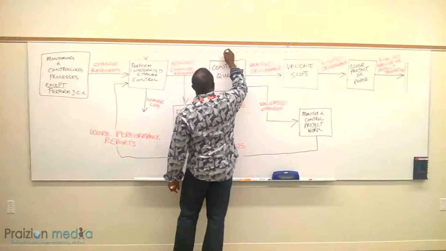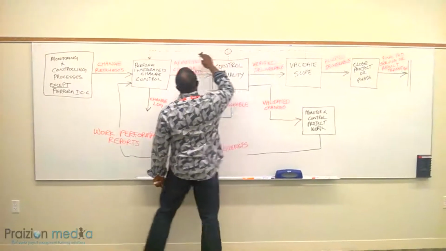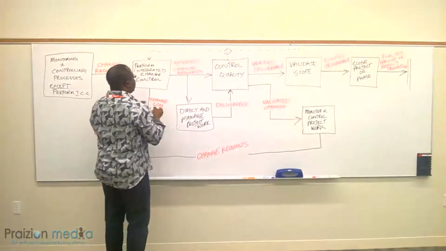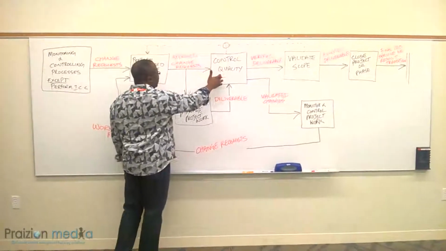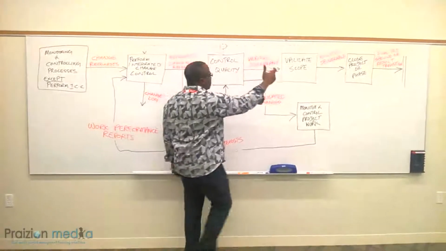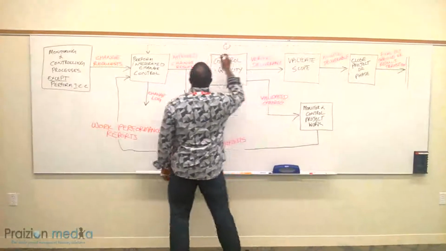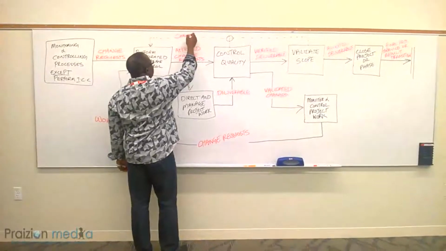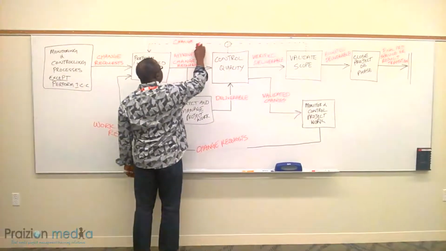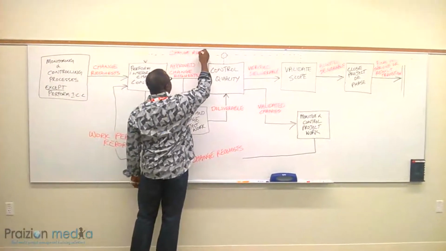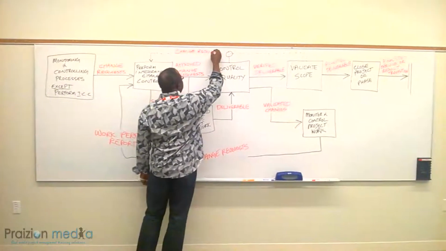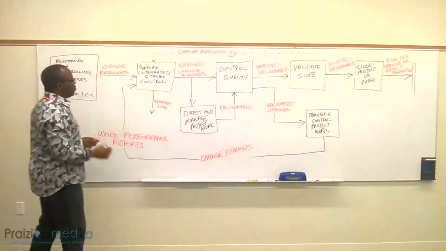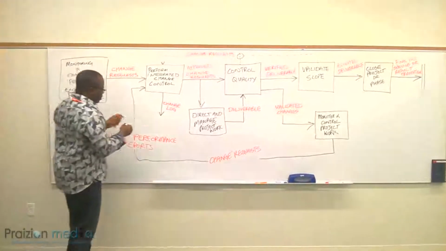But for the most part, these two give you change requests as well if the conditions are not favorable, and let's say they fail your internal test, or let's say you failed your customer test, you're going to get change requests from those as well. So a whole bunch of change requests going into perform integrated change control.